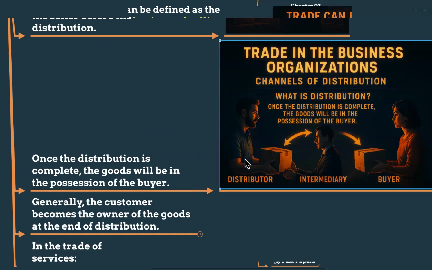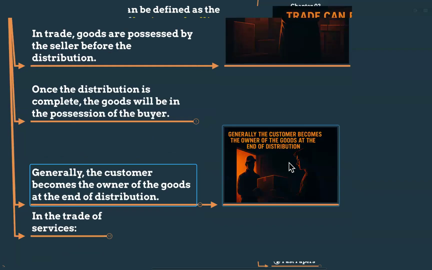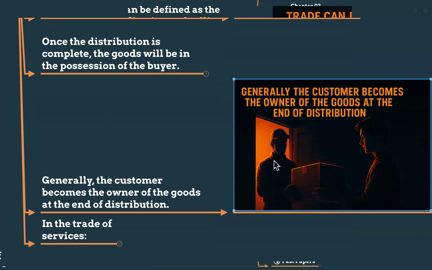From the producers through all the intermediaries to the buyer. So before the distribution, it is in the seller's possession, and once the distribution is finished, the goods are going to be in the buyer's possession. And generally, the customer becomes the owner of the goods at the end of the distribution. That simple thing, right? You're going to get the title, right?